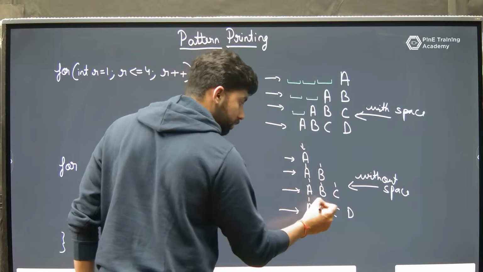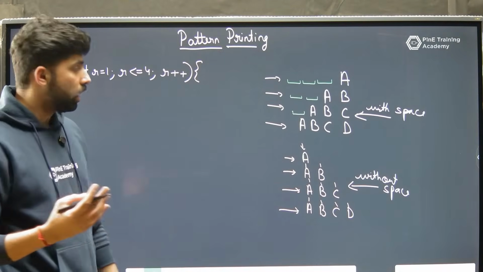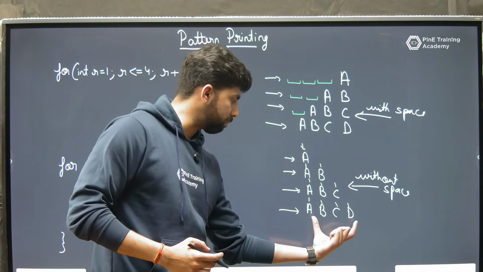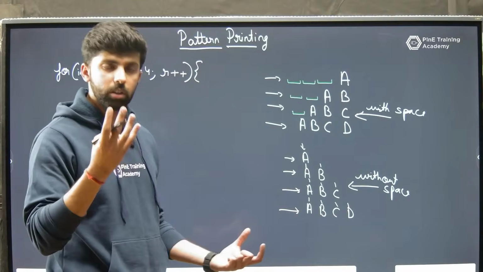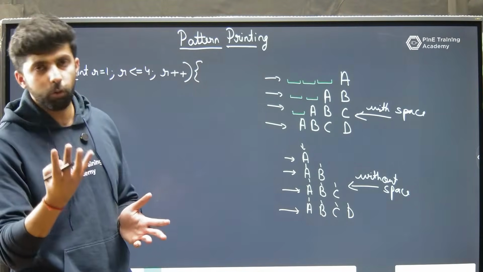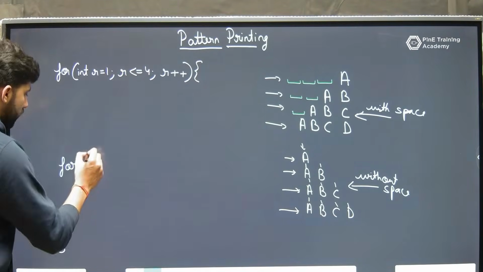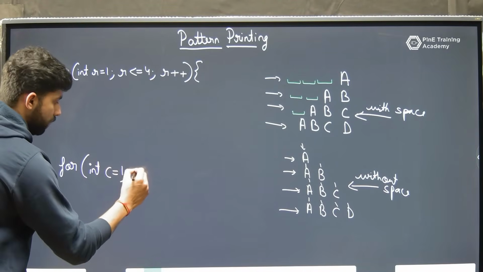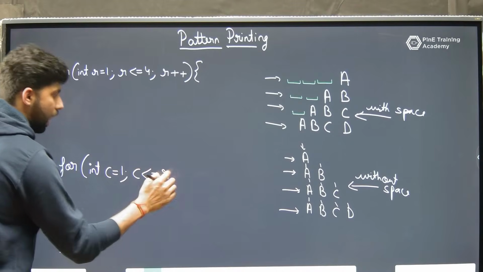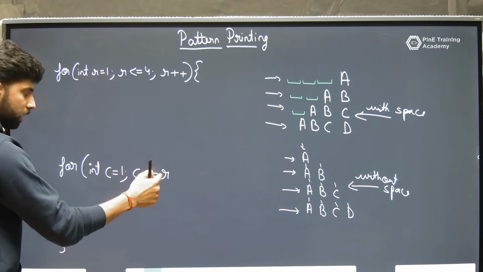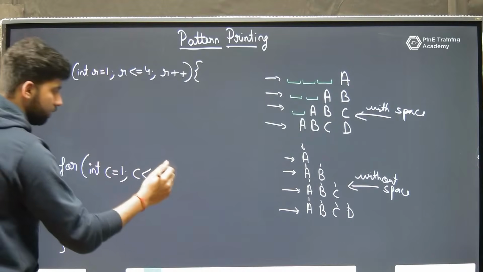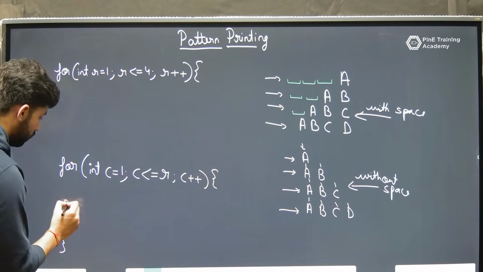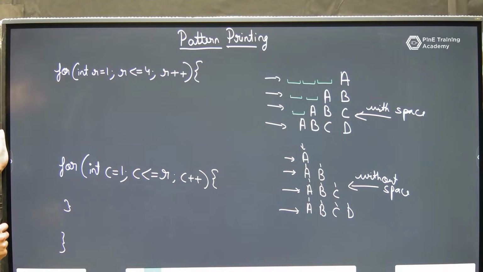In fourth row, we have four columns, which means the maximum number of columns can be equal to the row number. If I have fourth row, maximum number of columns can be 4. So my columns maximum limit will be R. Since R denotes the row number, my columns maximum limit will be R. So I have the loop for column as well.